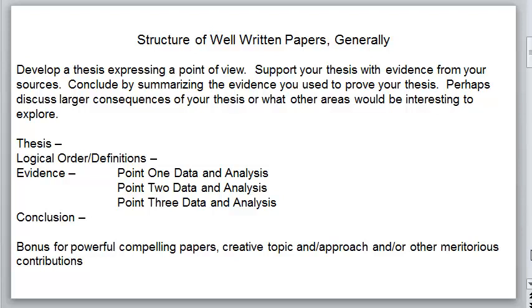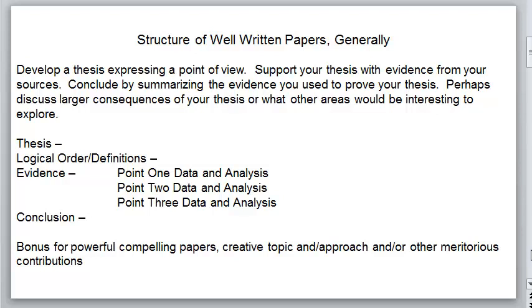Generally, then you get to the body of the paper, and you want to have your points of data and your analysis of that data, all with the eye still looking to your thesis to prove your ultimate hypothesis. So in these response papers, they're generally a page and a half, 2 pages long.